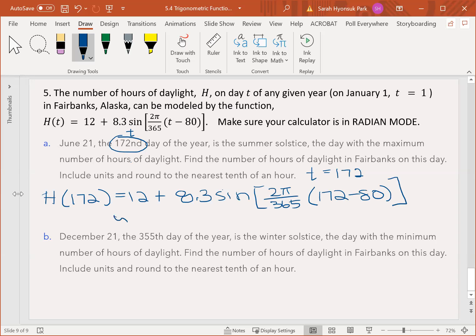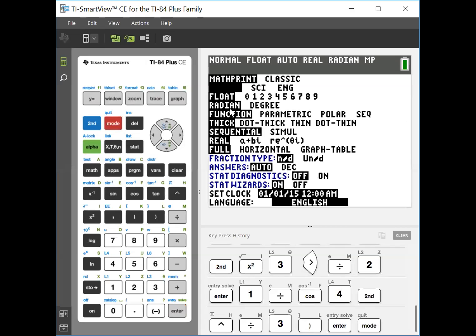So let's put that in the calculator. I'm just making sure that we're in radian mode, and we are.